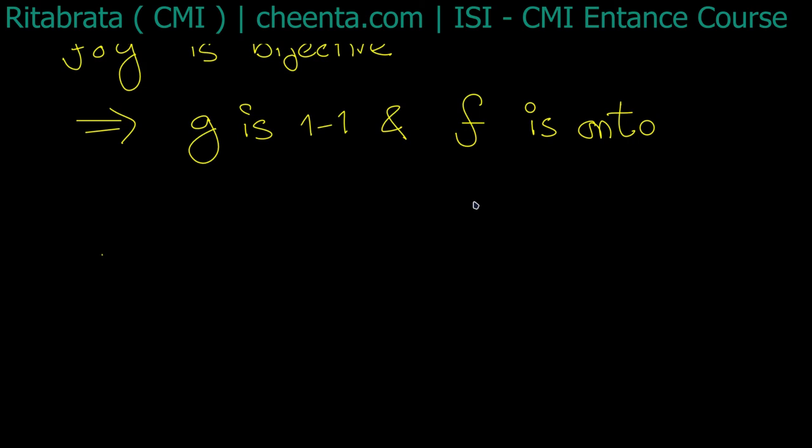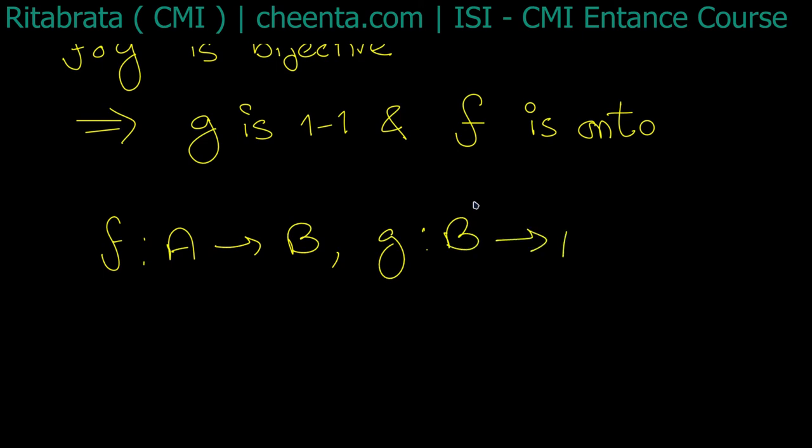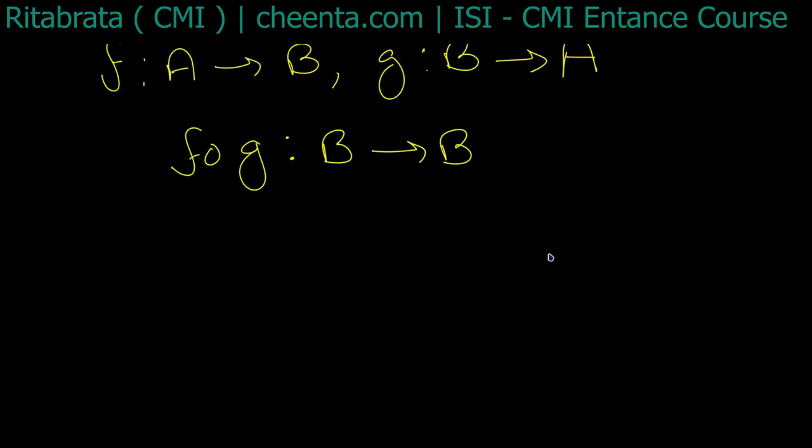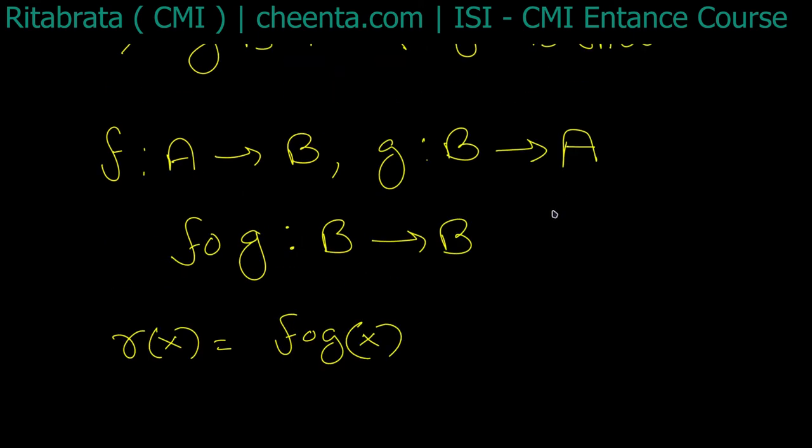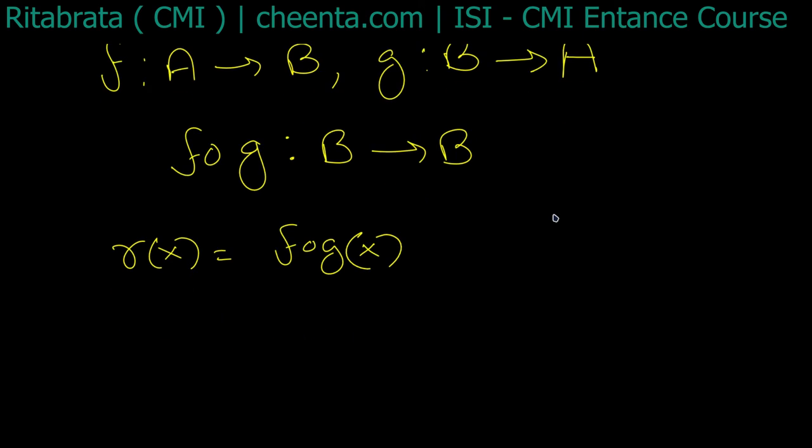Let's say f is from A to B and I have g from B to A. So f of g has domain B, it's from B to B. Say r of x equal to f of g of x, and r is bijective, I know that. So now I have to prove that g is 1-1 and f is onto.